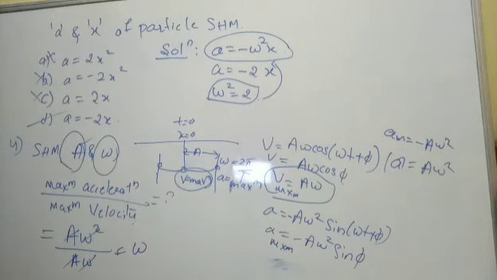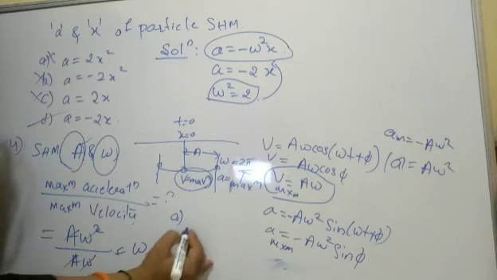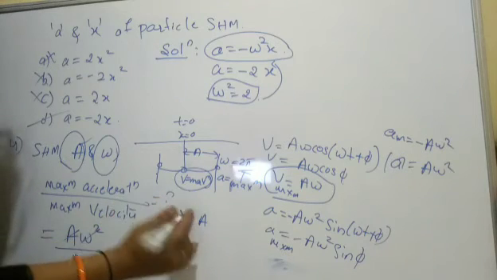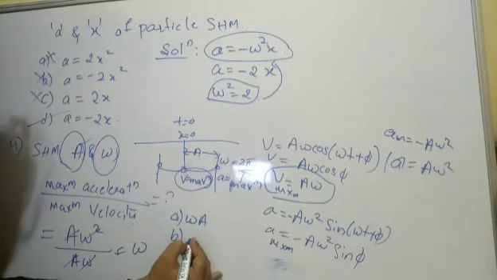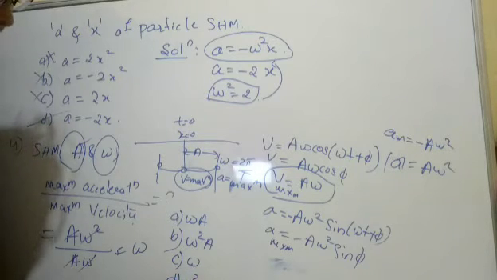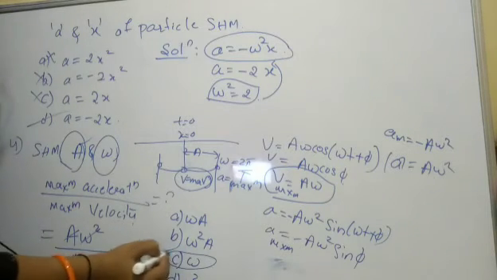So the options are given here. Sorry, I have not given the options before. Option A is a omega, second option omega square a, third option omega, last option omega square by a. So by this conclusion we got the answer is omega here.